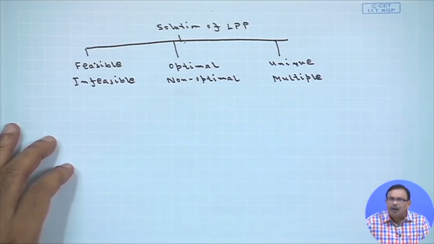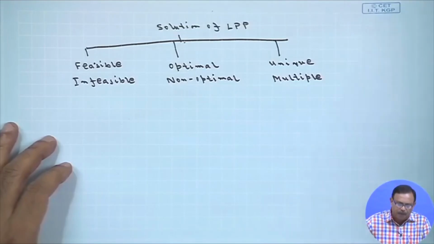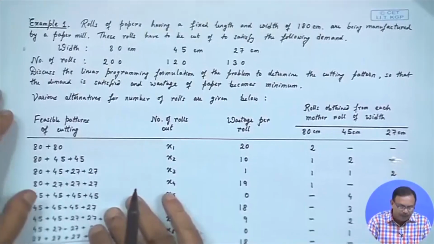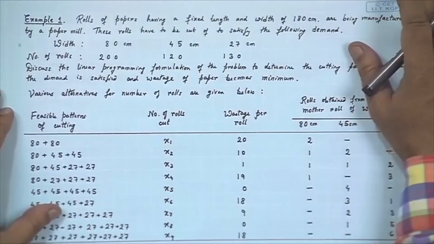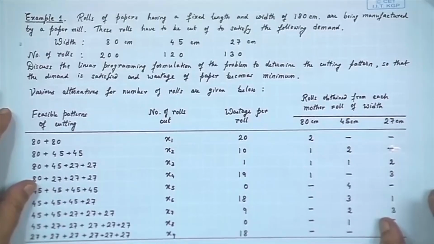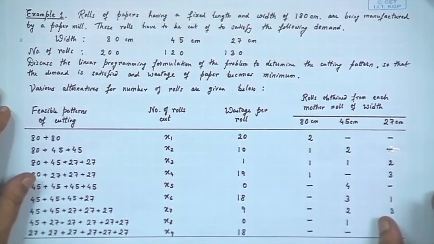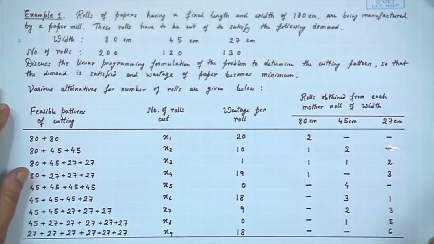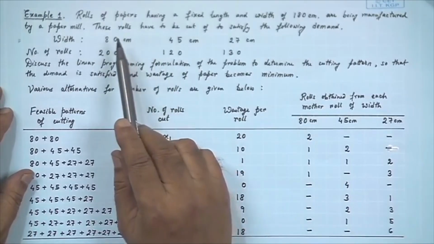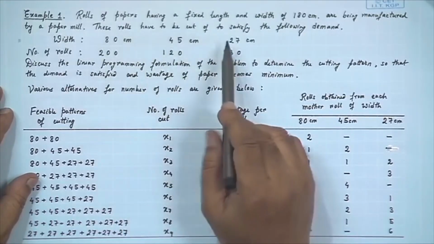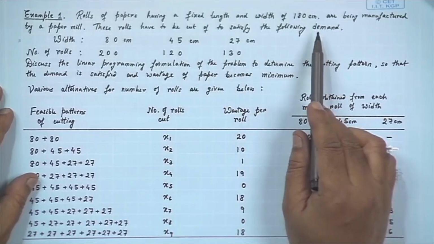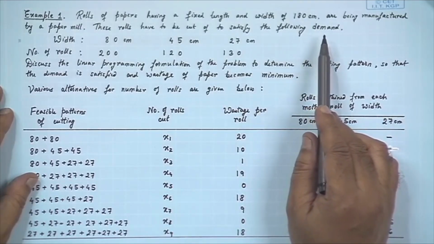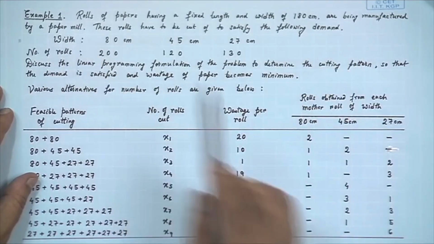Now, let us see how to formulate an LPP from a problem. Let us consider this problem. Basically the problem states that rolls of paper having a fixed length and width of 180 centimeter are being manufactured by a paper mill.